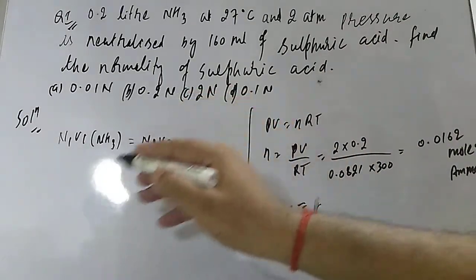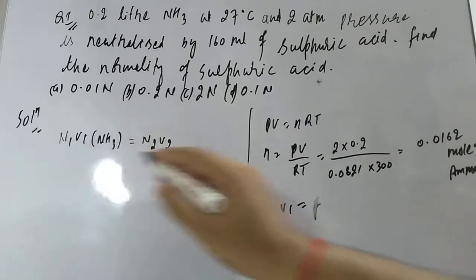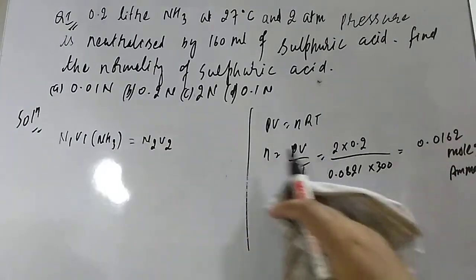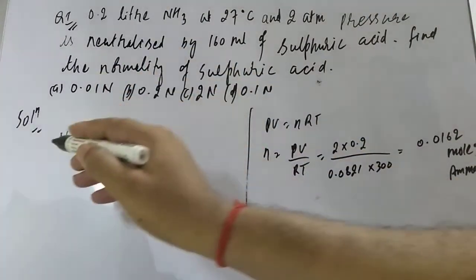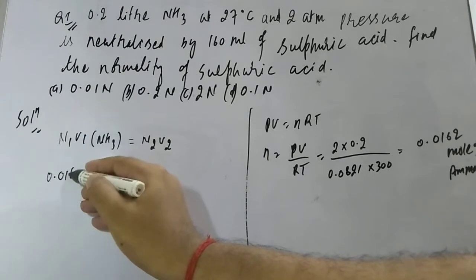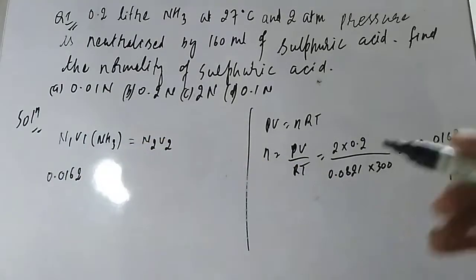What information is given? If you want to write N1, we have already calculated the number of moles, 0.0162.